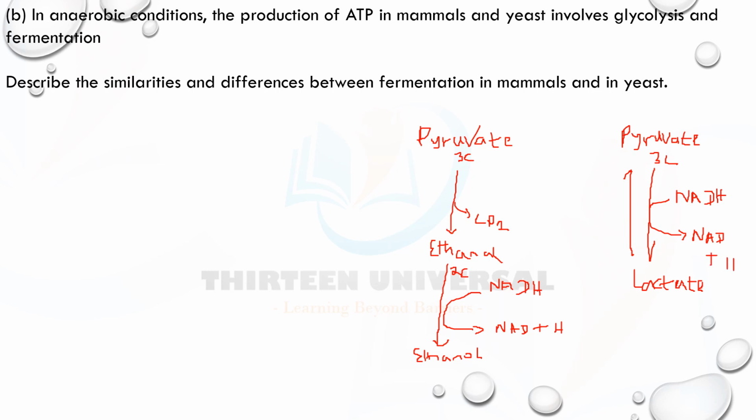Now, guys, which one is the process of fermentation occurring in mammals? That is this one, pyruvate to lactate. So can you see now the similarities? Number one, both of them occur in the cytoplasm.